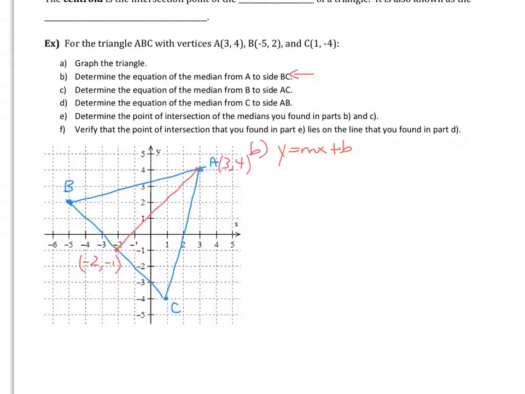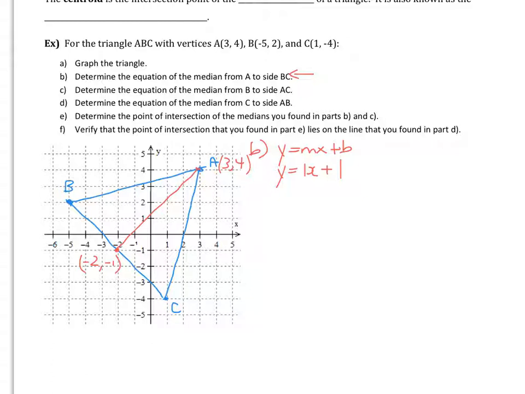So my slope is 5 over 5, which is just a plain old 1 over 1, or just 1. So my equation is going to be y equals 1x, or just x. And following that, 1 over 1 up, 1 up, 1 over, it's going to have a y-intercept at +1. So I know right away my equation for the median from A to side BC would be y equals 1x plus 1.